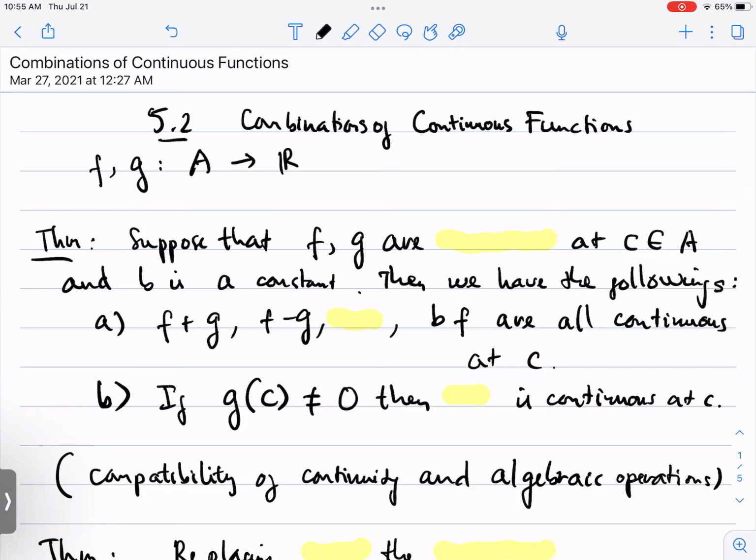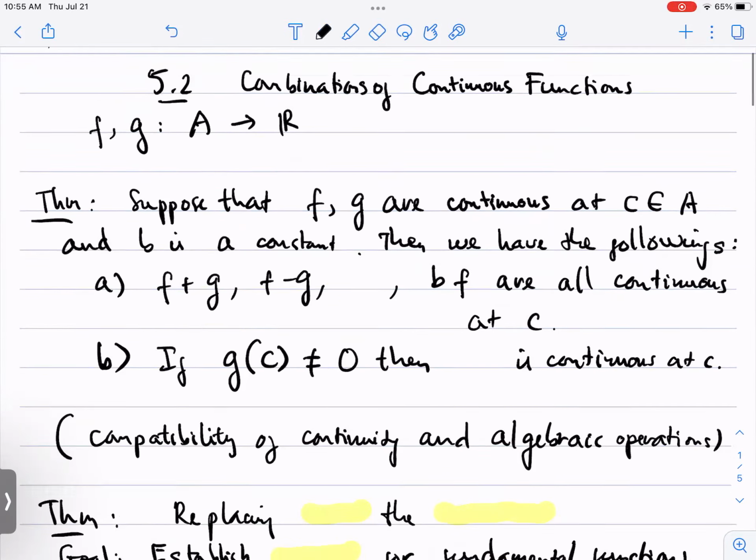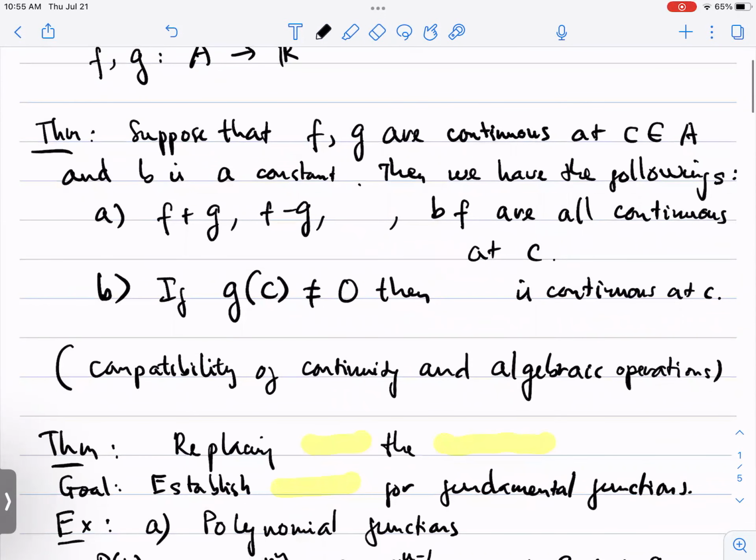Suppose that the functions f and g are continuous at some point c in the subset A and b is a constant. Then we have the following.